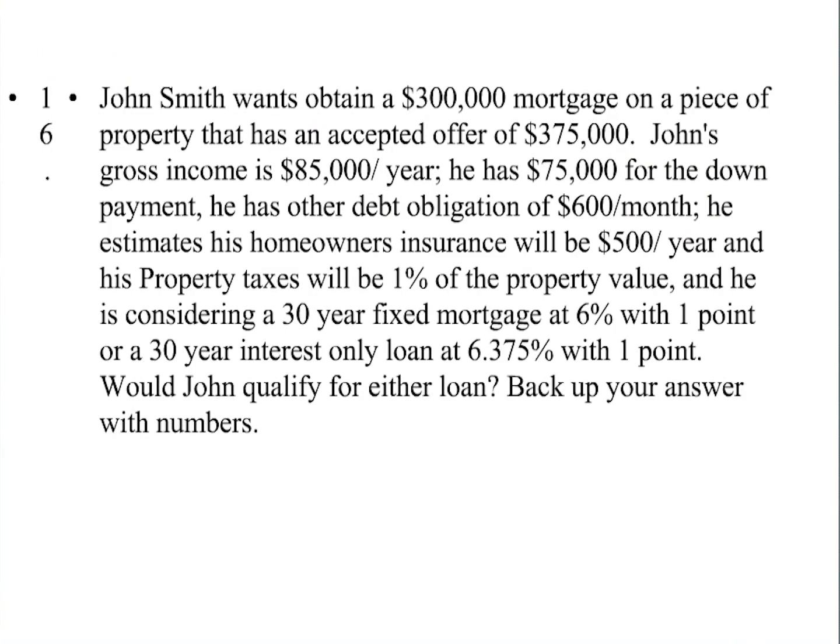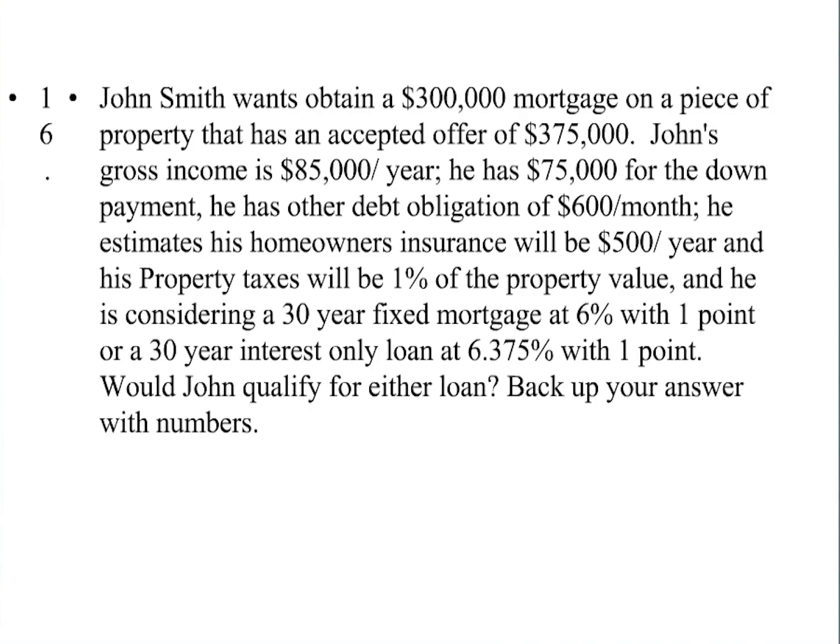Here, in this problem, number 16, we're trying to make sure that we understood how a person would qualify for a mortgage. So we have John Smith wants to obtain a $300,000 mortgage on a piece of property that has an accepted offer of $375,000. John's gross income is $85,000, and he has $75,000 for the down payment. He has other debt obligations of $600 a month, and he estimates his homeowner's insurance will be $500 a year, and his property taxes will be 1% of the property value.